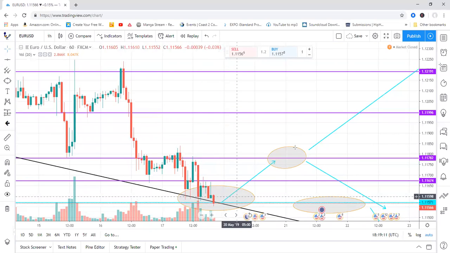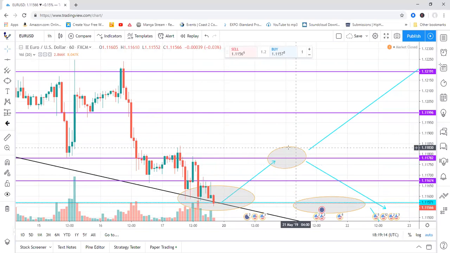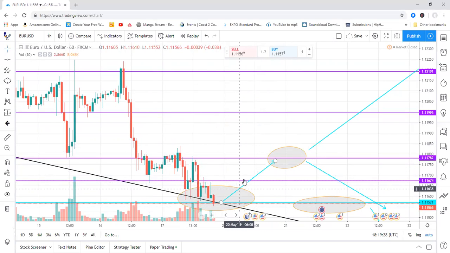Oh yes, before I put this support resistance line right there. But what we really need to look forward to is it actually hitting this area first, because this is the very last support resistance area that it has.